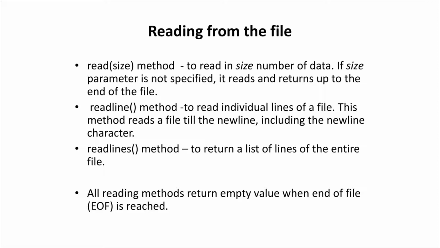This method reads a file till the new line, including the new line character. Then the readlines method returns a list of lines of the entire file. All reading methods return an empty value when end of file, that is EOF, is reached.